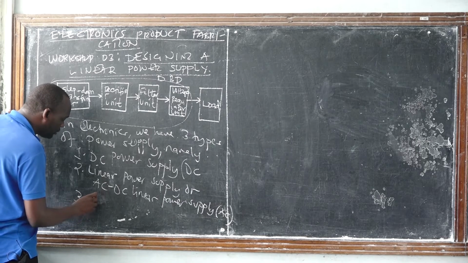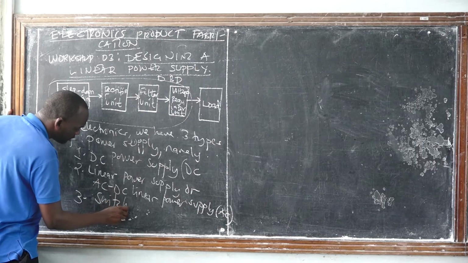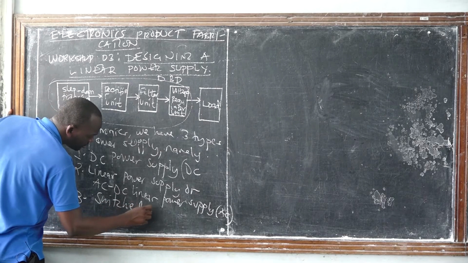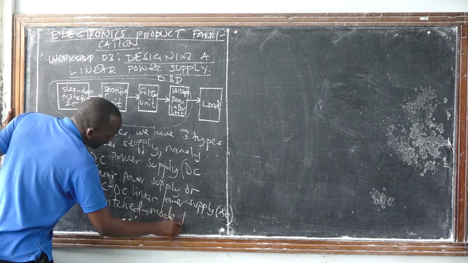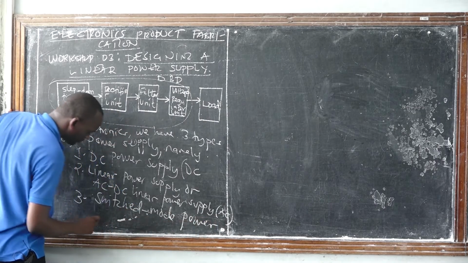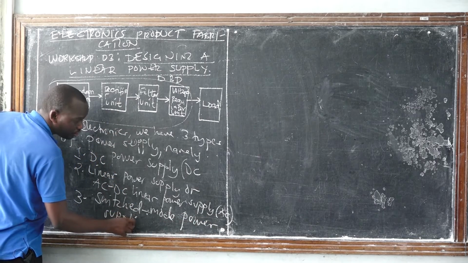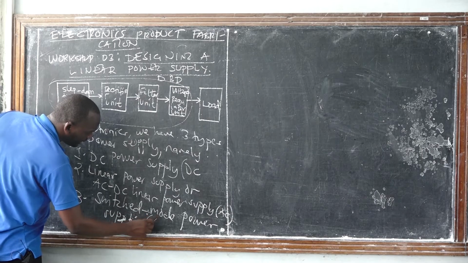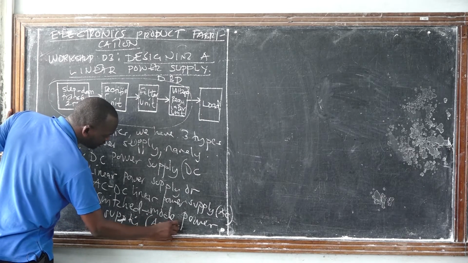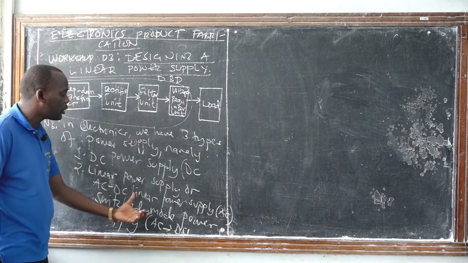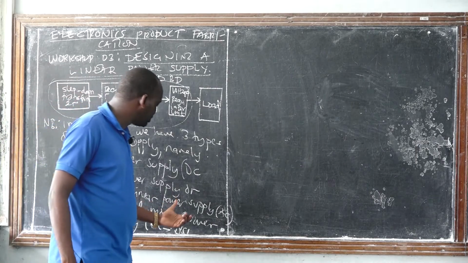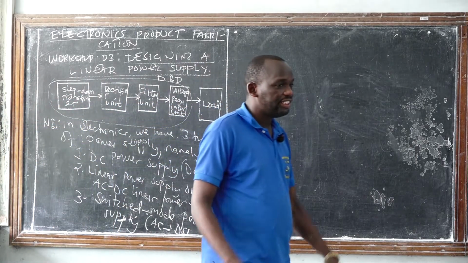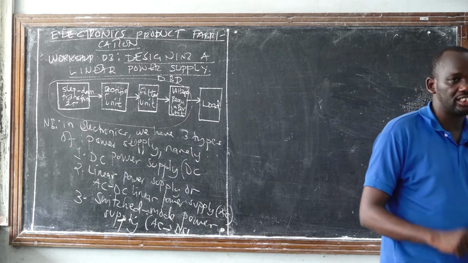The third one, which is for commercial purposes, is called switched mode power supply. This one is also converting AC to DC. The difference between switched mode power supply and AC to DC linear power supply is just the configuration of the circuit.